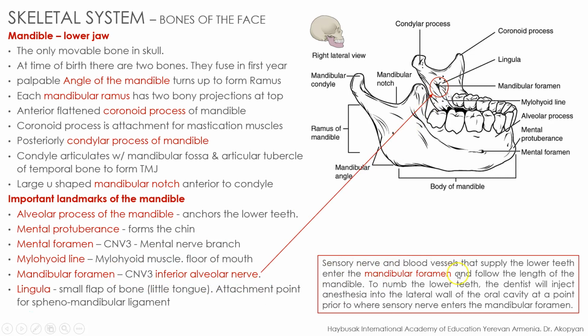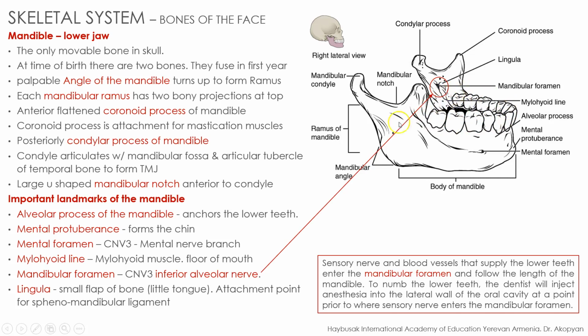Sensory nerves and blood vessels that supply the lower teeth enter this mandibular foramen and follow the length of the mandible. In order to numb your lower teeth, the dentist will often inject anterior to that for anesthesia.